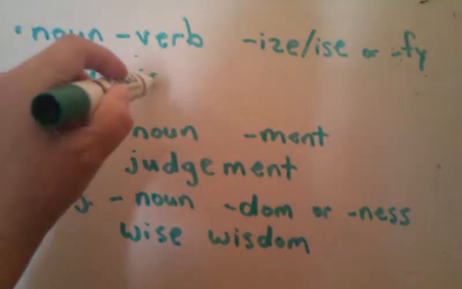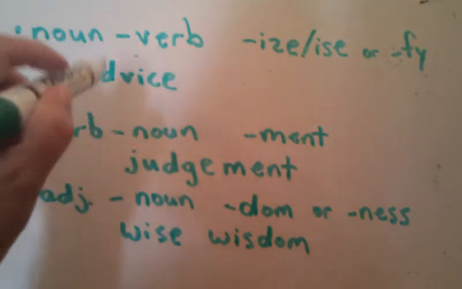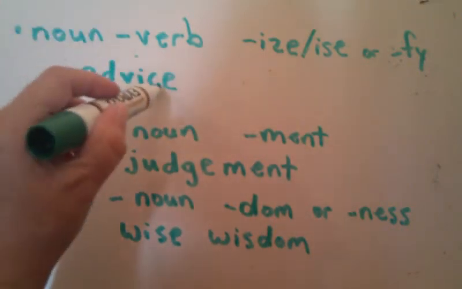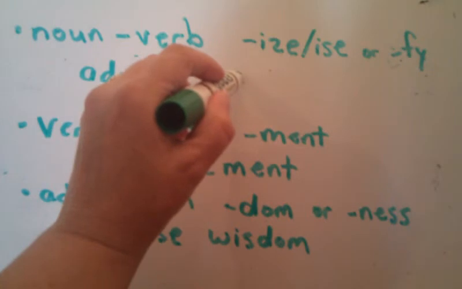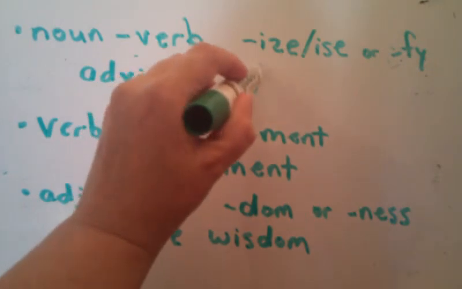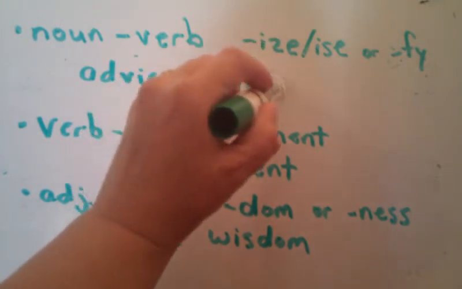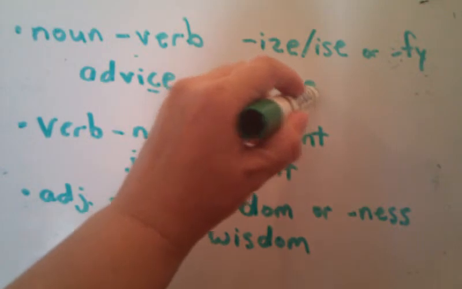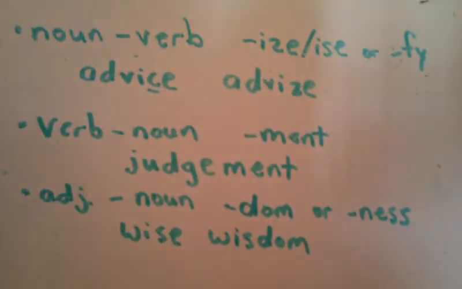So advice is a noun. It's a thing. But if I want to change it to a verb, I have to change the I-C-E to I-Z-E. Advise. Okay? So I changed this from a noun to a verb.